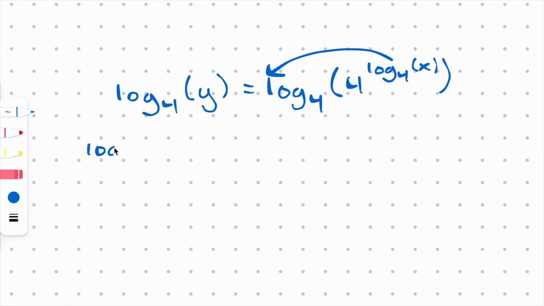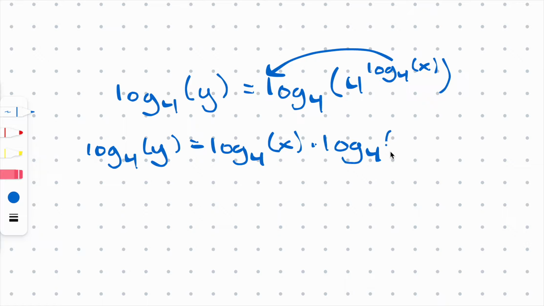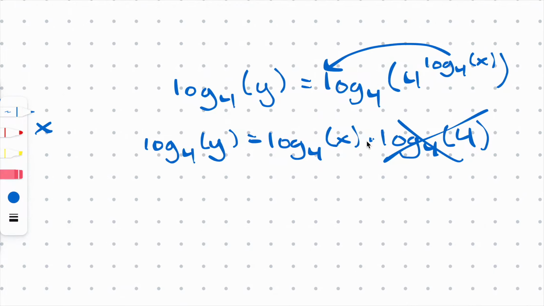So we can say log base 4 of y equals log base 4 of x times log base 4 of 4. We know that this is equal to 1, log base 4 of 4, same base, same argument. So I can essentially just drop that out. I know that's times 1. It's not really going to do anything.